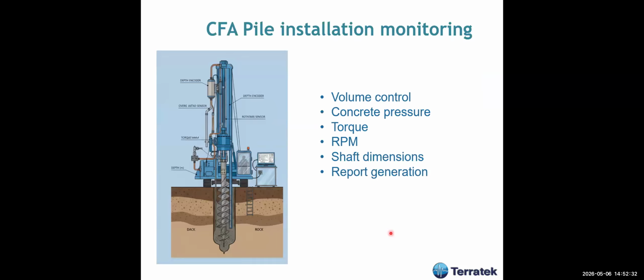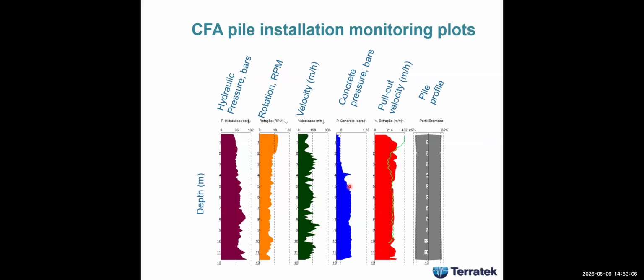Okay, CFA pile installation. You have to do monitoring. Why? To make sure for quality control. Some new rigs have this pile installation monitoring system, and they measure the volume control, concrete pressure, torque, rotation speed, and shaft dimension, and they generate one report with plots like this for every pile.